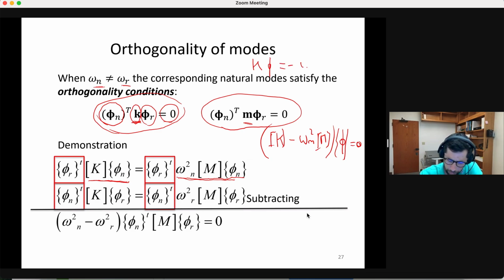Now, what I can do is to pre-multiply this equation times the transpose of a different mode shape. If this is n, I pre-multiply this equation times the transpose of a different mode shape, let's call it R.